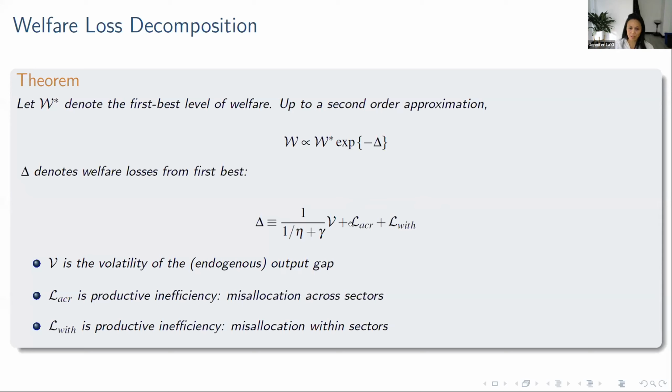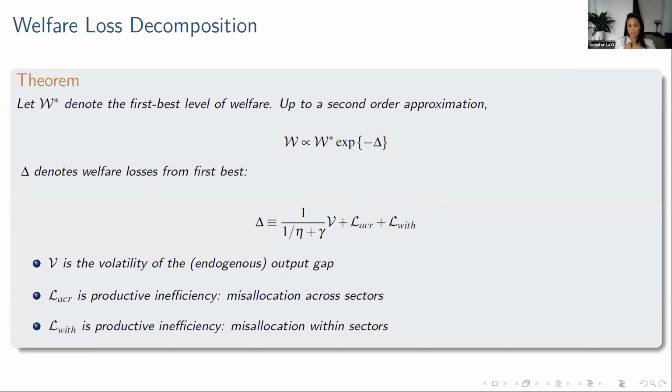This one is a little more complicated, and it's basically these covariances. The intuition for the across-sector term is that suppose I'm buying goods from both you and Ludwig, and you are in two different sectors.